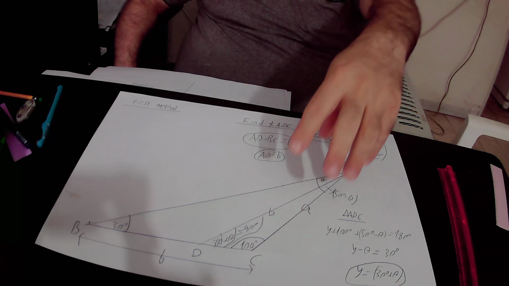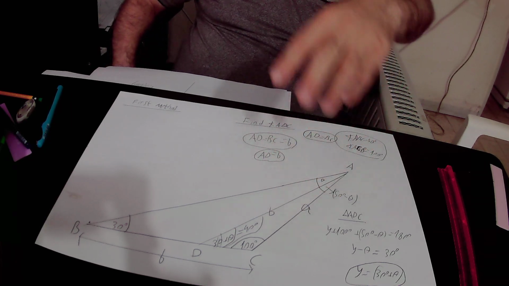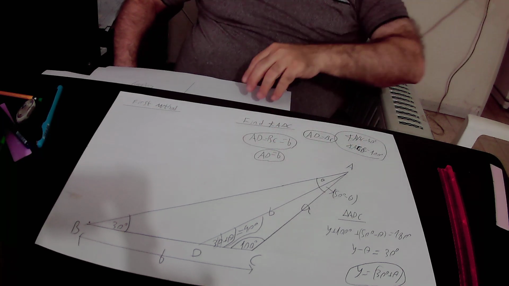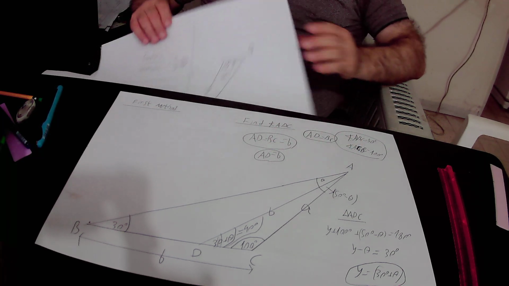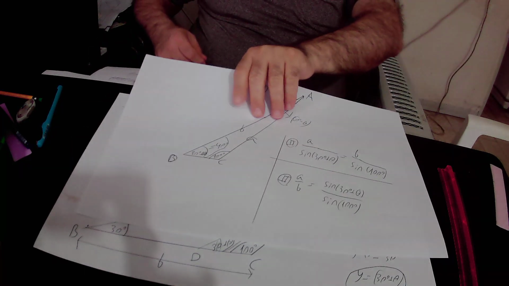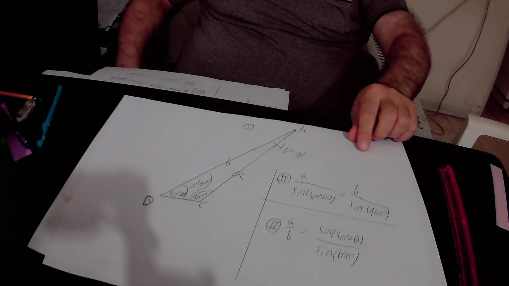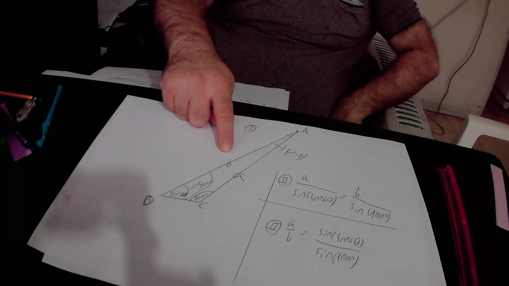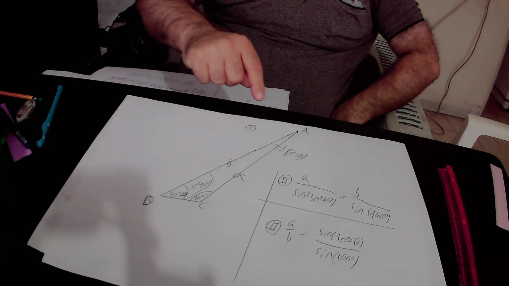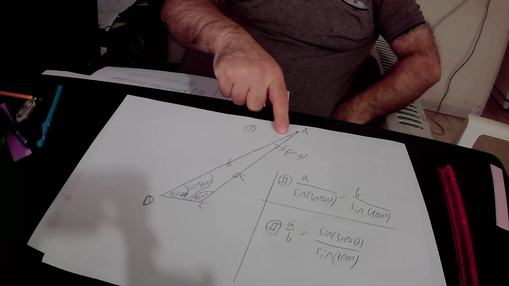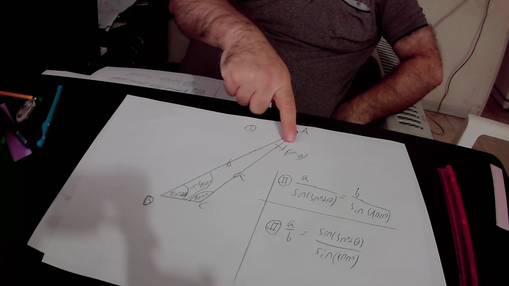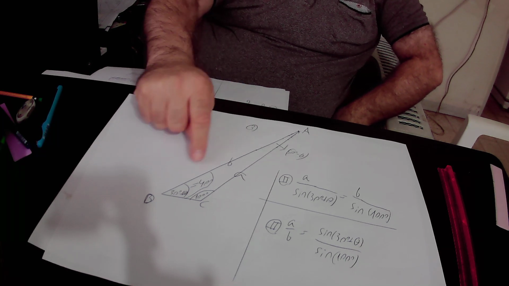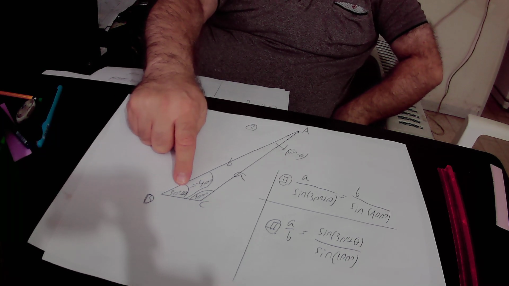So I copied this triangle ADC in a new page, and we implemented the law of sines in this triangle ADC. So this is actually triangle ADC. AD equals B units, AC equals A units. This angle DAC equals 50 degrees minus theta. The angle that we are looking for, angle ADC, equals 30 degrees plus theta.